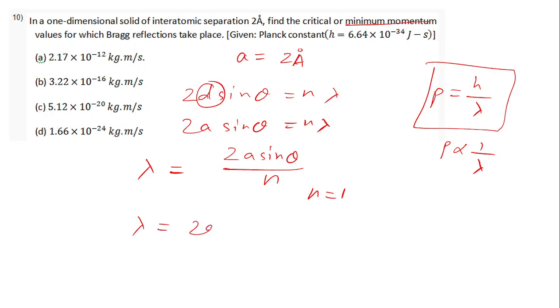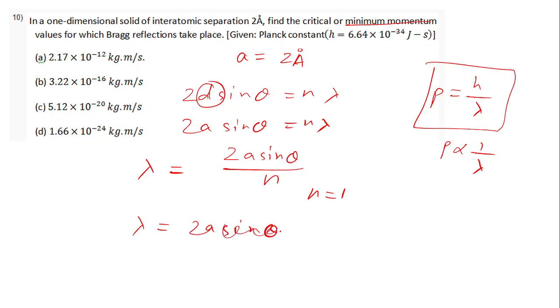So lambda will be 2a sine theta, and it will be maximum when the denominator will be minimum, which can be 1, and numerator will be maximum. 2 and a is constant. Sine theta maximum value can be 1.